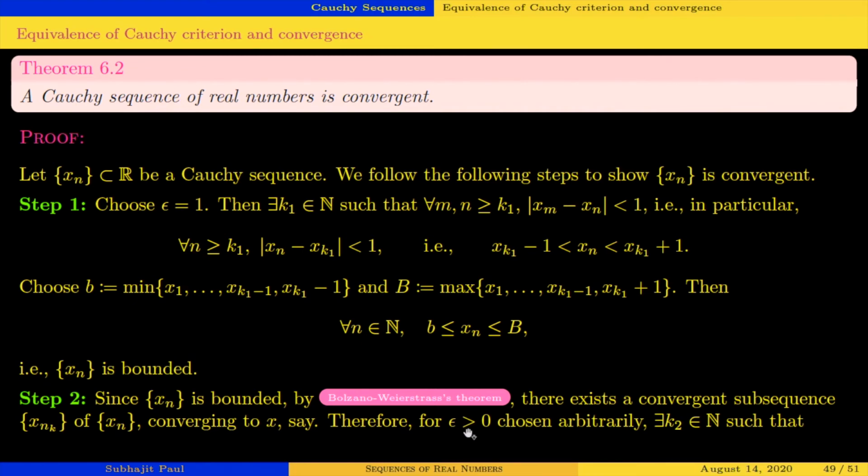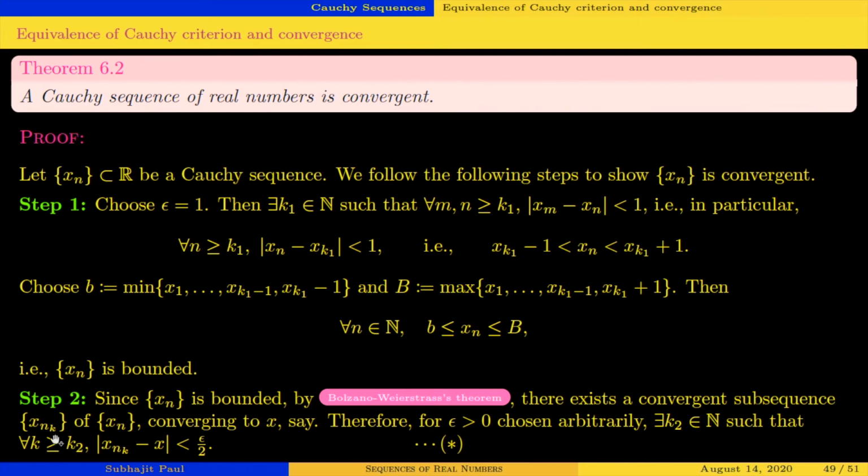Here we are choosing an arbitrary epsilon in this second step. This epsilon will be valid till the end of the proof. So for arbitrarily chosen epsilon positive, there exists k2 such that xnk will be close to x, for all k greater than k2. Understand the sequence is indexed on k here.